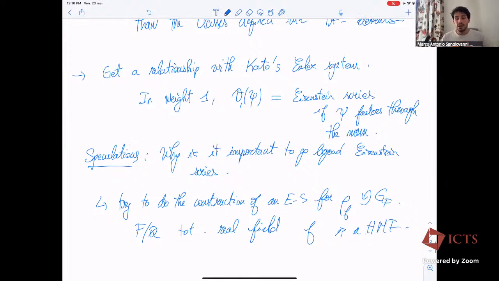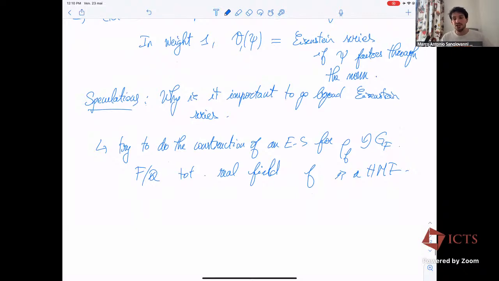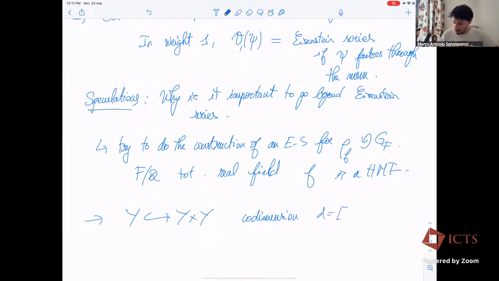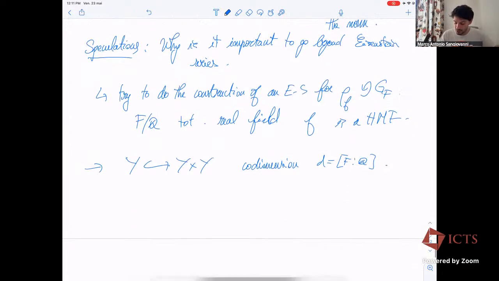So try to do essentially Kato, but over a totally real field. But the issue is that the natural thing to do is to consider GL2 Hilbert Eisenstein series. But then you cannot work on the Hilbert modular variety because Y inside Y times Y has codimension D equal to the degree of F over Q. So the key numerology assumption is wrong.